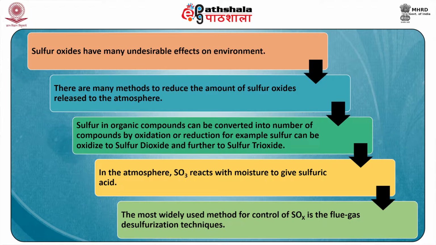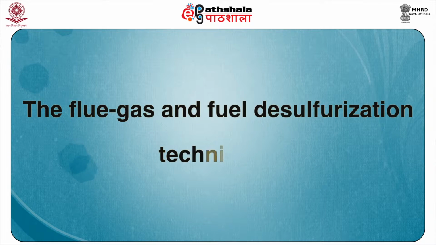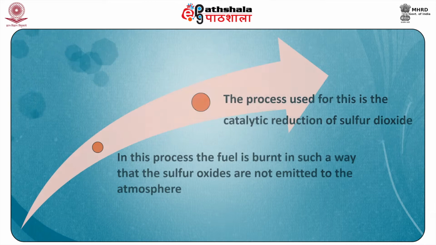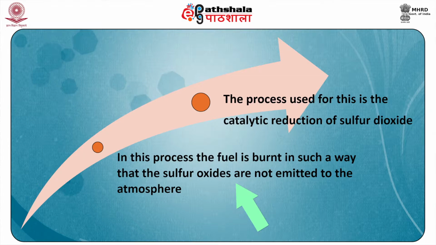The most widely used method for control of sulfur oxides is the flue gas desulfurization techniques. The flue gas and fuel desulfurization techniques. In this process, the fuel is burnt in such a way that the sulfur oxides are not emitted to the atmosphere.